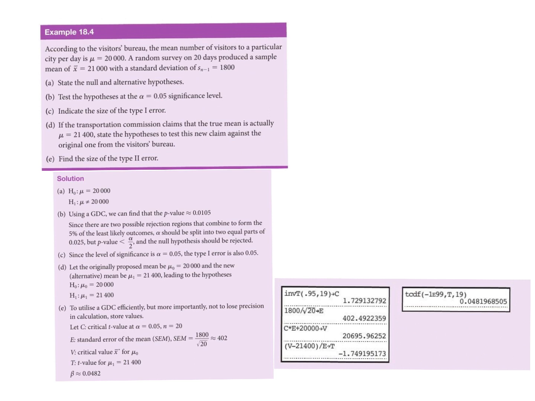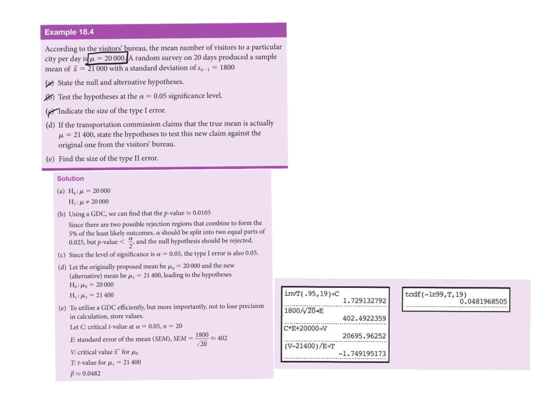Therefore, I skip the first three parts, because they are just about type 1 errors and stating the null hypothesis. The original claim is that mu should be 20,000, which is claimed to be the mean number of visitors.